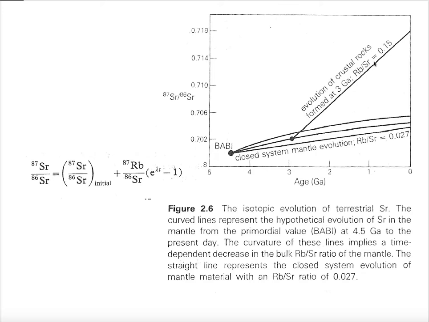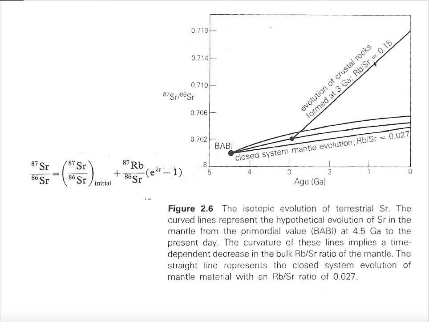Then you can sample a rock, and you have the 87 strontium to 86 strontium ratio today, and then you have to add the decay to your initial value, the decay from 87 rubidium to 87 strontium, using here the Eulersche function, where lambda is the decay constant, 1.42 times 10 to the minus 11 per year.